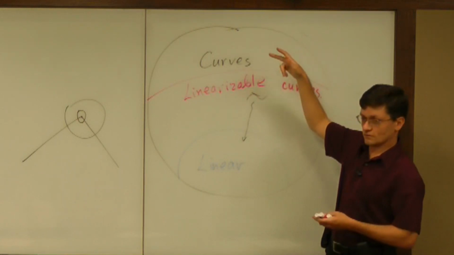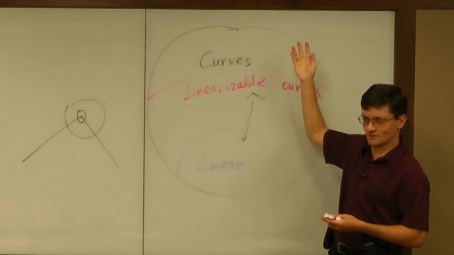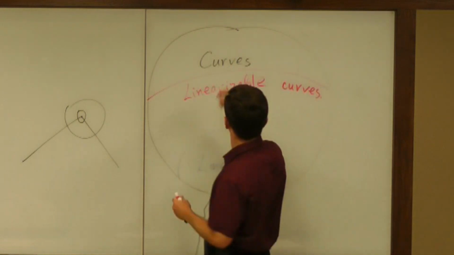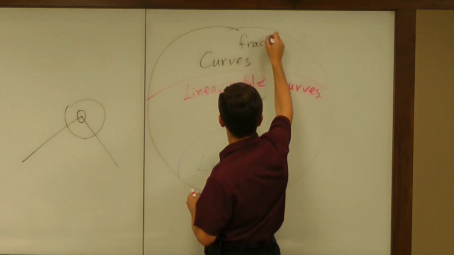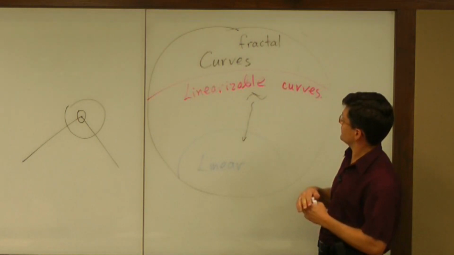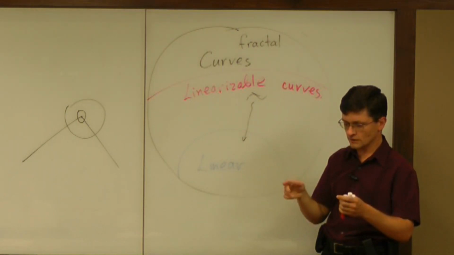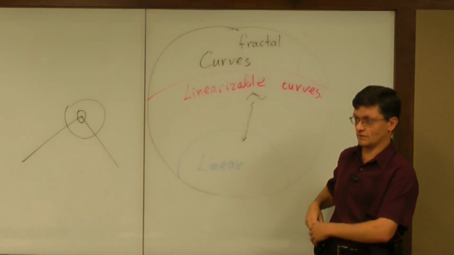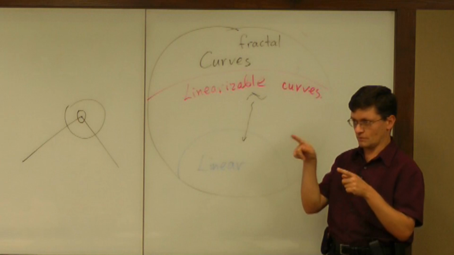So, for example, have you heard of fractals? Yes? No? Fractals? For example, if you look at a map and you want to study the shoreline of Great Britain, so you have Great Britain on a map, right?